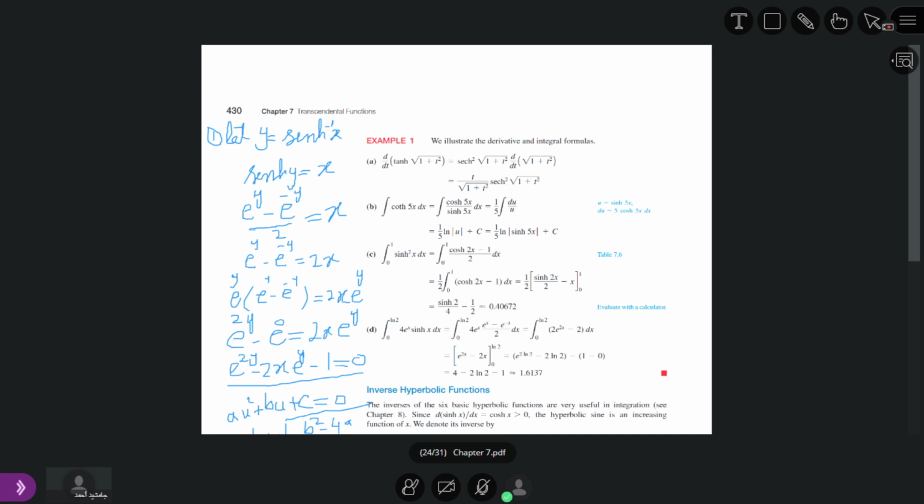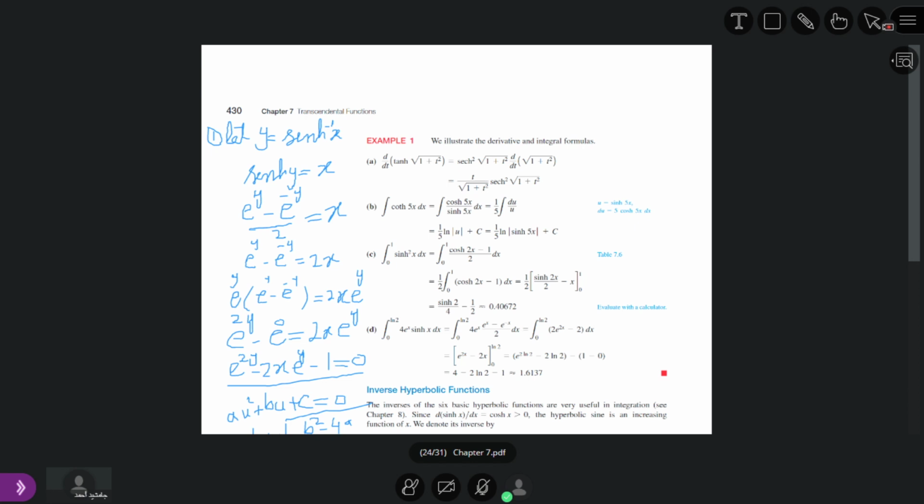This will be the solution of the quadratic equation a u square plus b u plus c. So I shall find out the values of a, b, c, put them here, and I shall get the value of u.